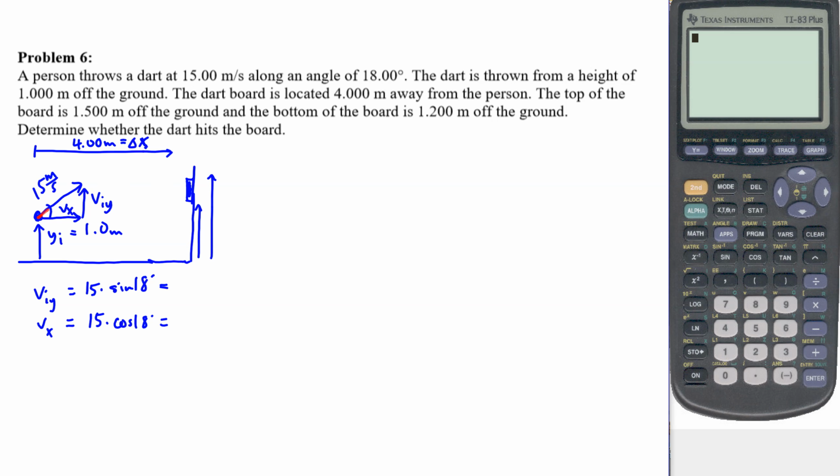The point is, if I find how far the dart travels to the right, if I find how far up it goes, if I find the dart's delta y, I can compare the final height of the dart to these values, 1.5 and 1.2, and then I can check to see whether the dart hits the board. That's my method. Find delta y, then final position, and compare.